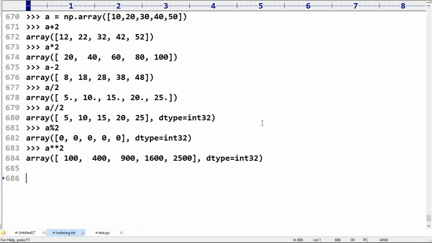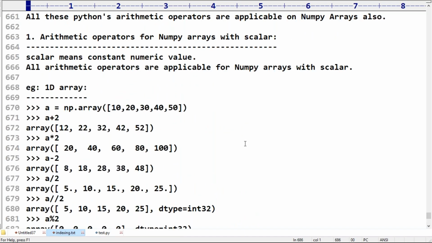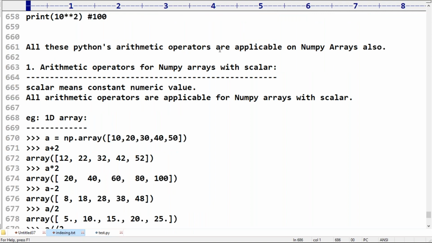Clear? Next, are these operations applicable on 2D arrays or not? All these arithmetic operators are applicable for NumPy arrays with a scalar. So all these Python arithmetic operators work on NumPy arrays too, and they are applicable on a NumPy array of any dimension.